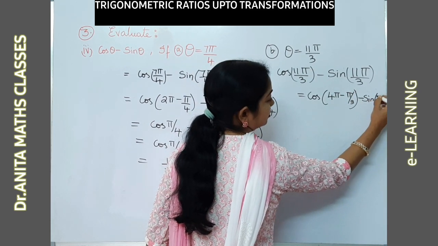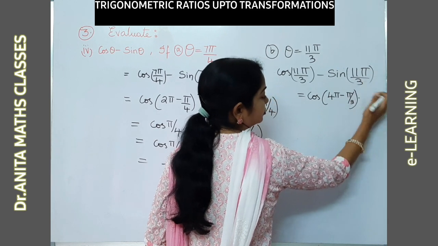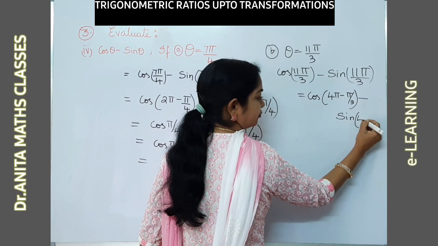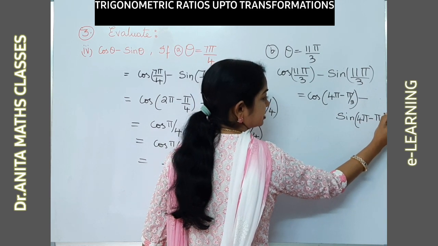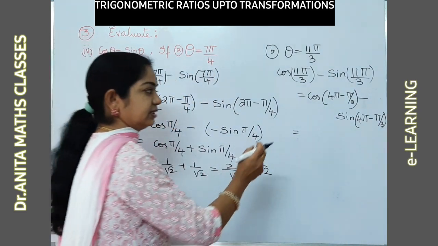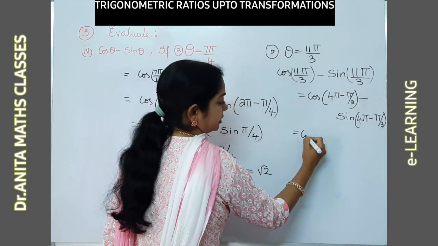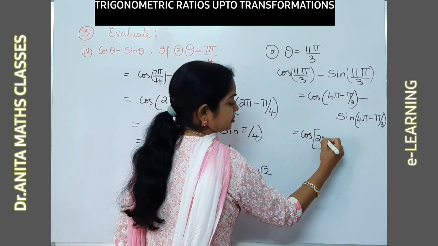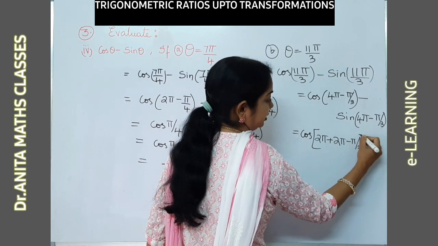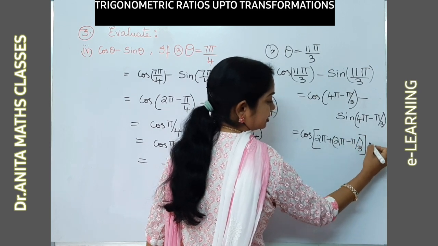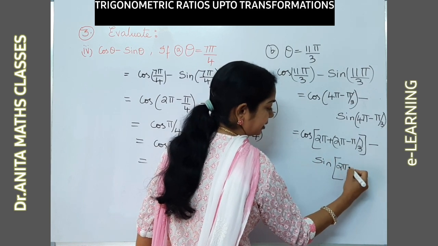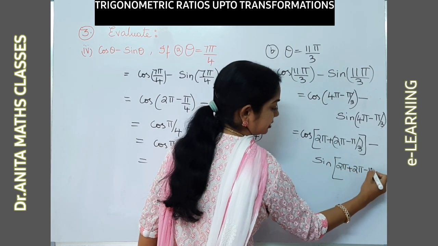The same way here also. So I'll write it down, minus sine of 4 pi minus pi by 3. So this we can write it as, again we can split 4 pi into 2 pi plus 2 pi. Okay, so 2 pi plus 2 pi minus pi by 3, you can write it as this, minus sine of the same way 2 pi plus 2 pi minus pi by 3.